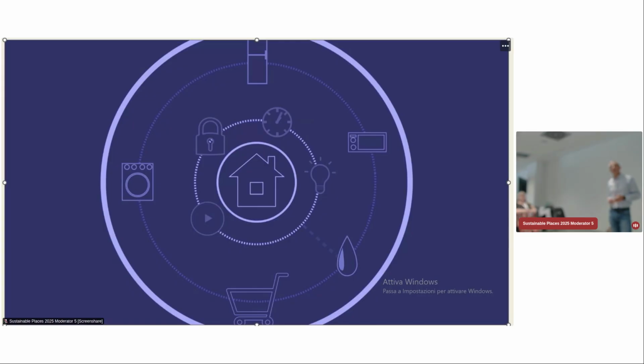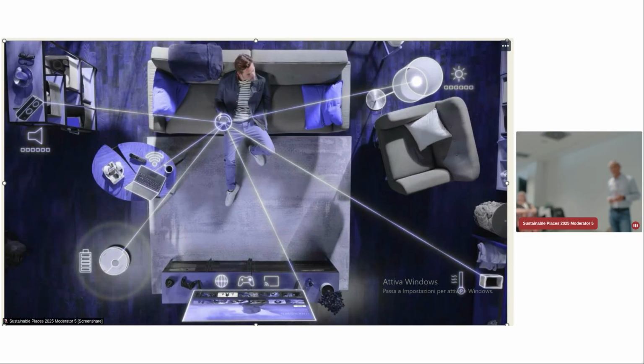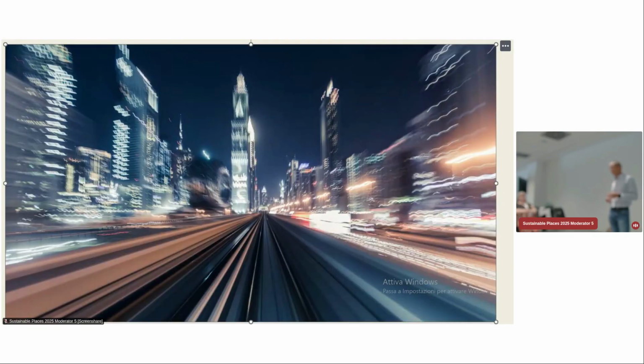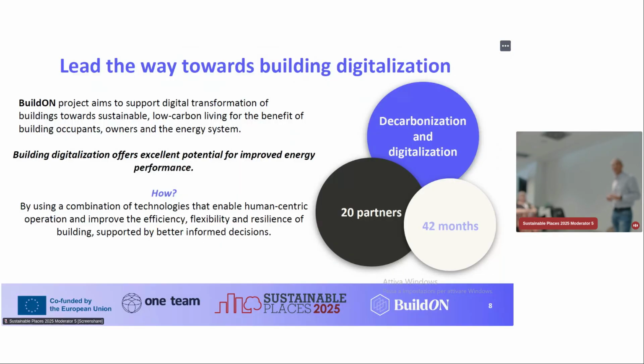Our development in the project is specific to the digital logbook and the digital twin. You will see at the end of the presentation our vision about these two components, which for us are completely interrelated, really linked.